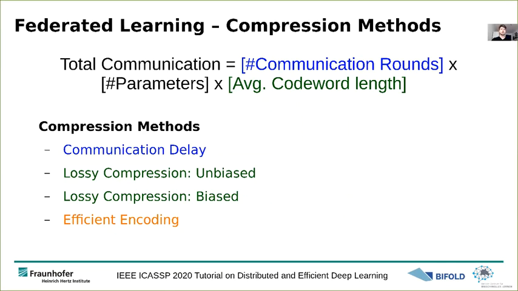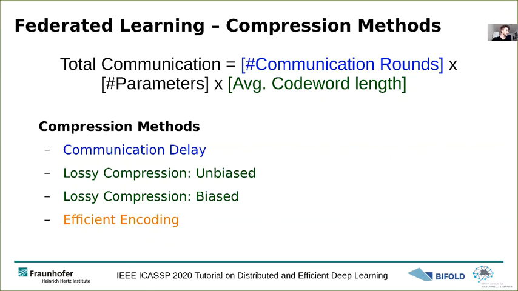And these compression methods essentially tackle all of the components of the equation above. We will look at communication delay as a first method to reduce the amount of communication. We'll look at lossy and lossless compression methods.